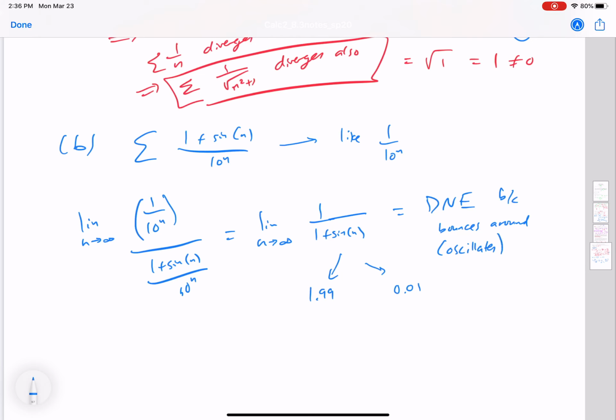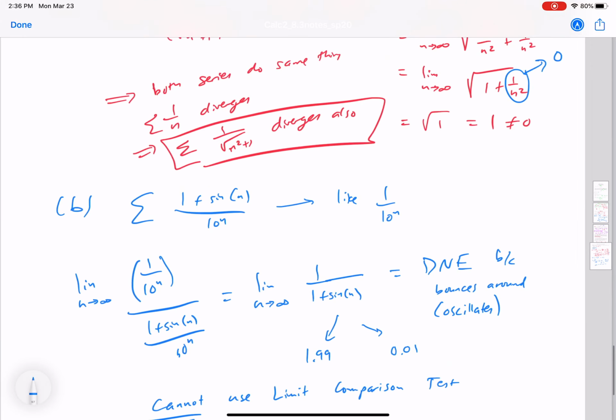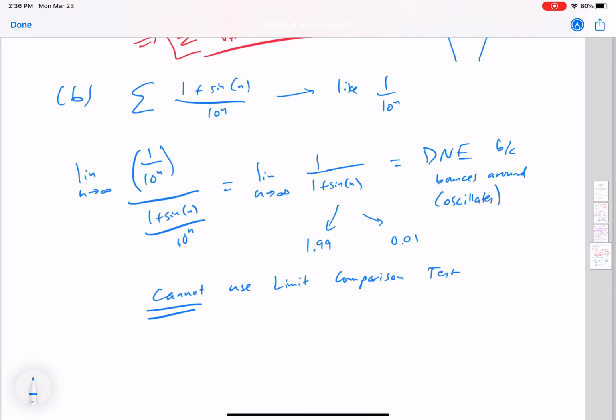So I cannot use the limit comparison test. Because to have the limit comparison test work, I have to actually have this thing equaling a constant number. The limit has to exist and it has to equal a non-zero constant, and here our limit does not exist.